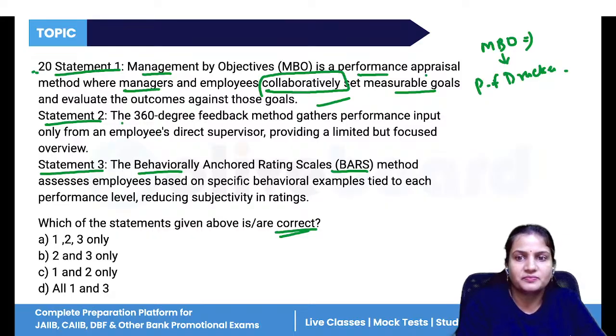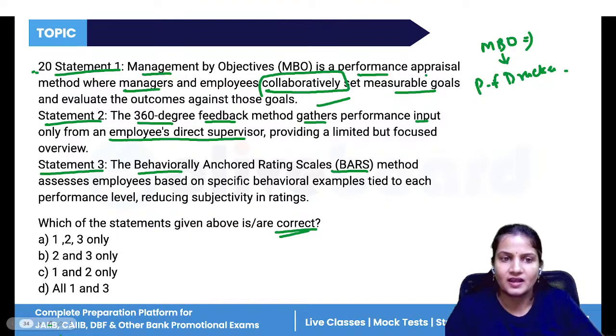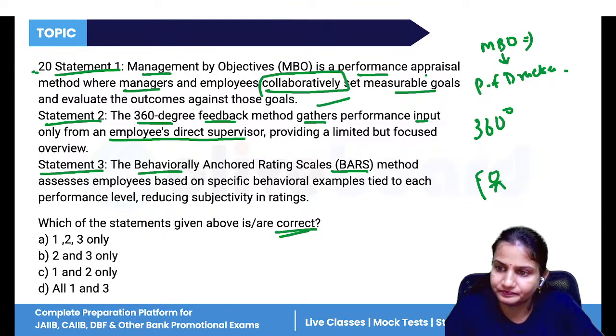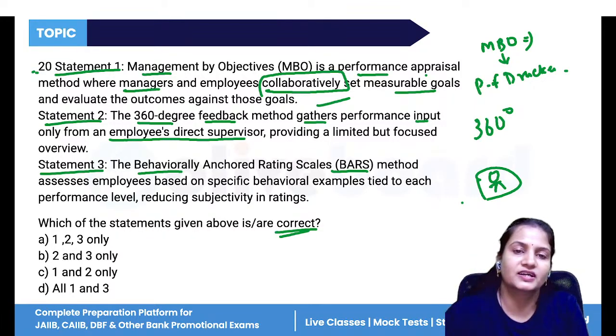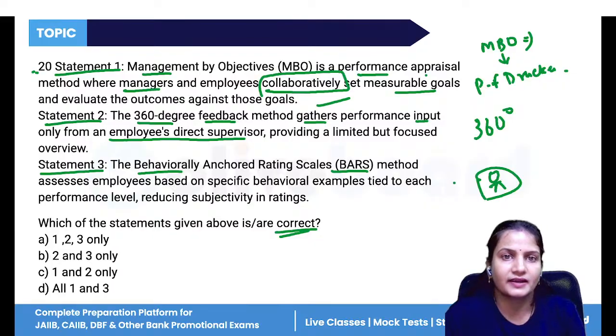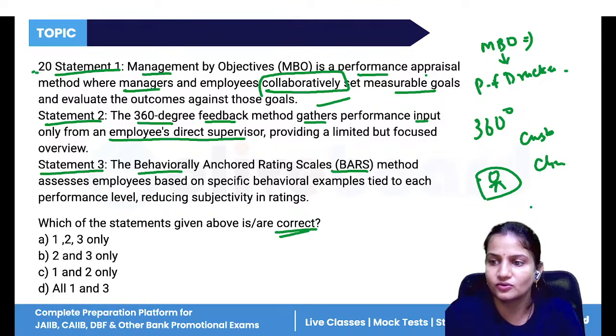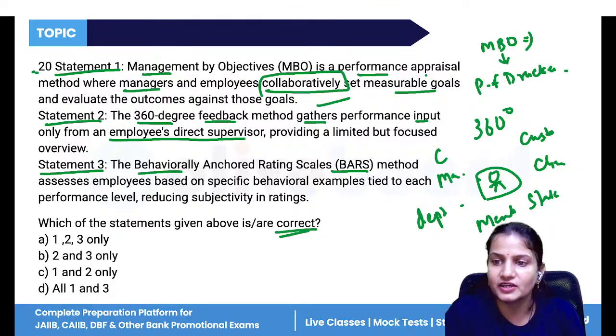Now, statement 2 says the 360-degree feedback method gathers performance output only from an employee's direct supervisor. Now, what is 360 degree? Suppose you are the person. When the appraisal time comes, the company will ask competitors also, customers also, clients also, stakeholders also, internal members also, people from different departments also, the manager himself, the CTO, the CEO.